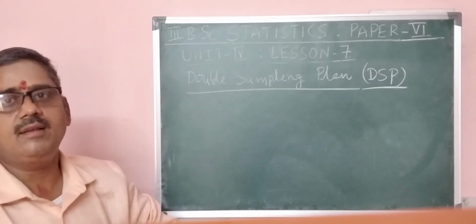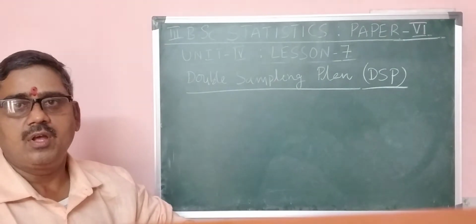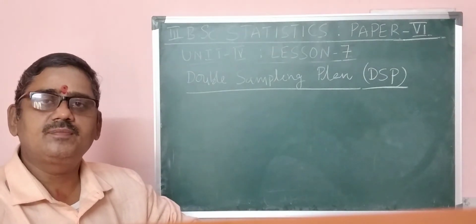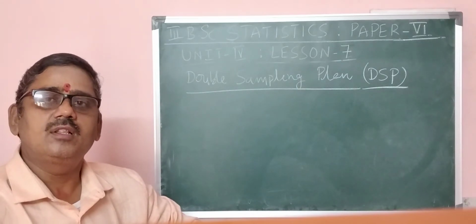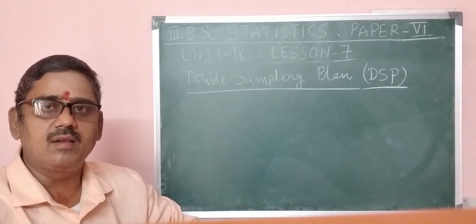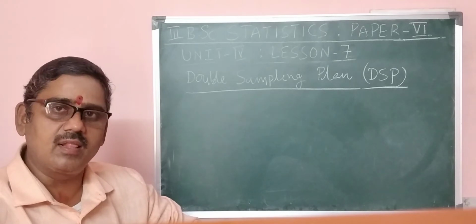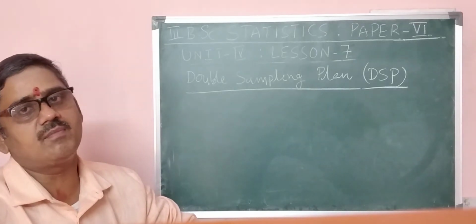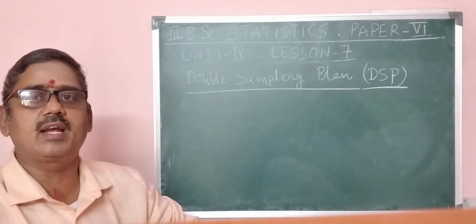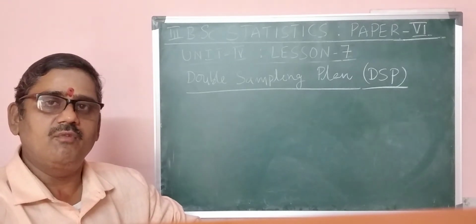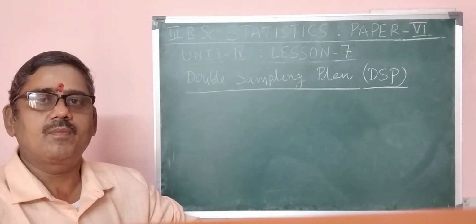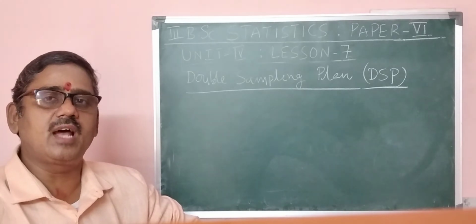If the first sample was taken and the lot was rejected, not accepted, then we consider the second sample. Based on the second sample and also the information provided from the first sample, we go for the inspectional procedure by inspecting the items in the second sample.